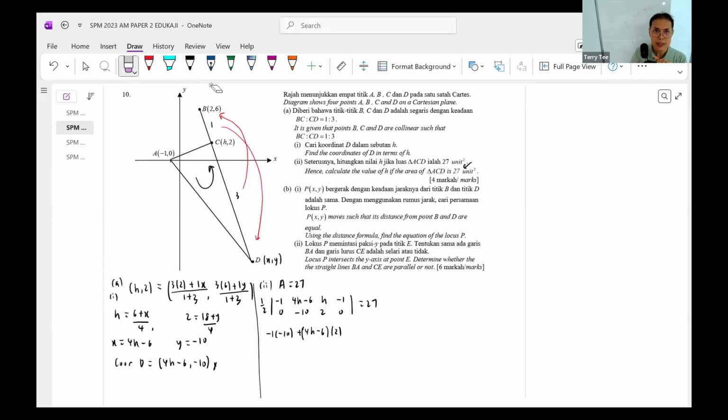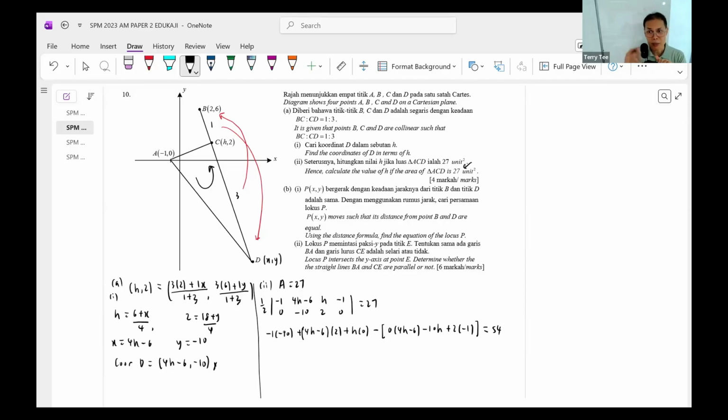I know some books write both, but you don't need to, because I already chose anti-clockwise. Once we chose anti-clockwise, the answer is always positive, 27. So next one, you plus h times 0 minus 0 times (4h minus 6), minus 10 times h, 2 times minus 1. The result is 54. Why 54? 2 times 27 is 54.